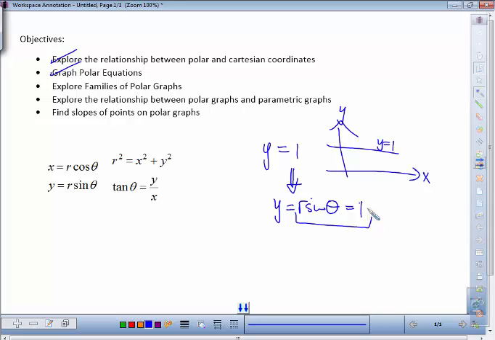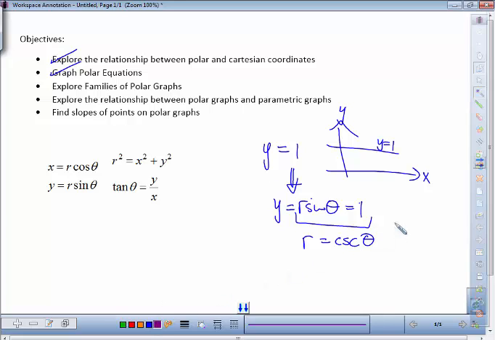In most cases, we like to solve for r by itself, and represent r as a function of theta. So if we do that, what's 1 over sine? Cosecant. So r is equal to cosecant theta. Okay?